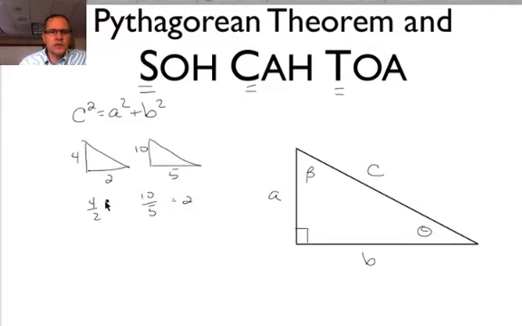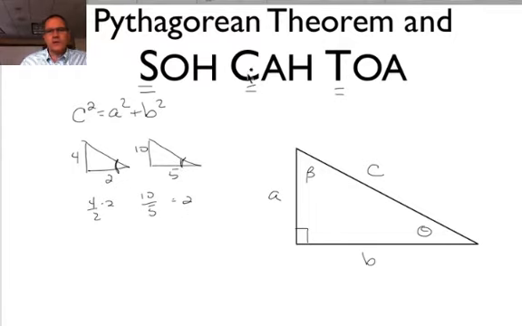Both of these are equal to 2. So it would make sense that the angle in here would also be the same. And that's really what these functions do, is they relate the ratios of sides to a degree angle.